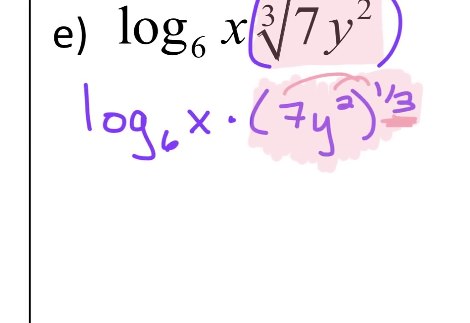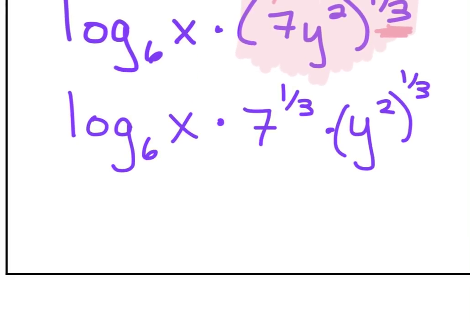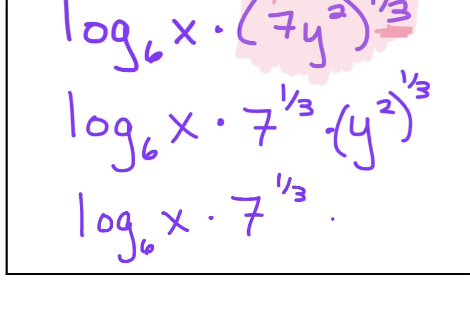So my next step is going to look like log base 6 of x times 7 to the 1/3, and then y squared to the 1/3, I'm going to rewrite as y to the 2/3. Notice that the squared does not affect the 7 at all because it was only y squared. Therefore, 7 is to the 1/3 power and y is to the 2/3 power.